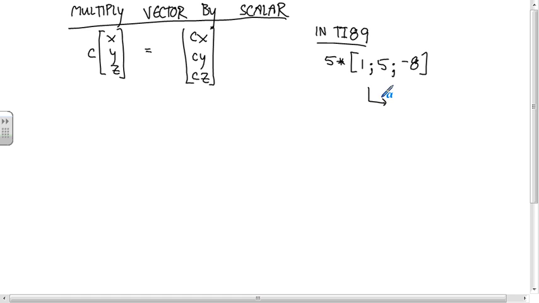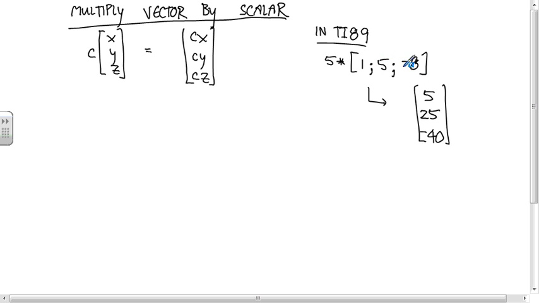And this would give you the output 5, 25, -40.